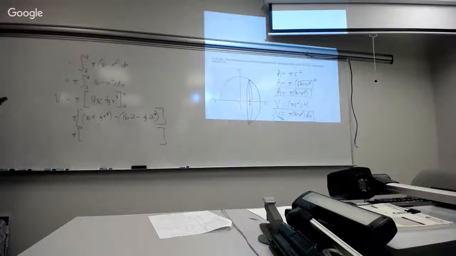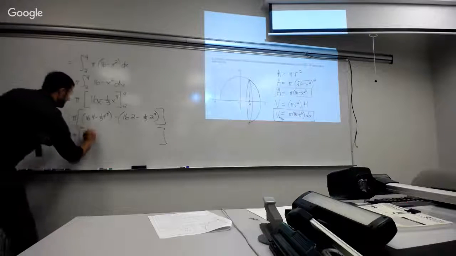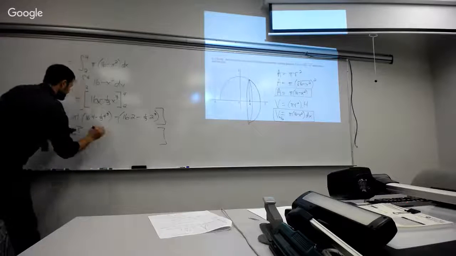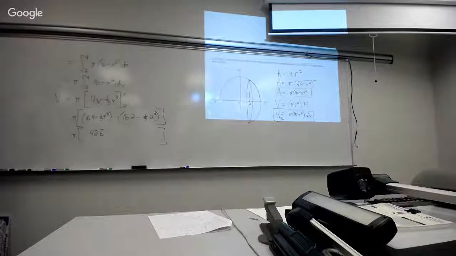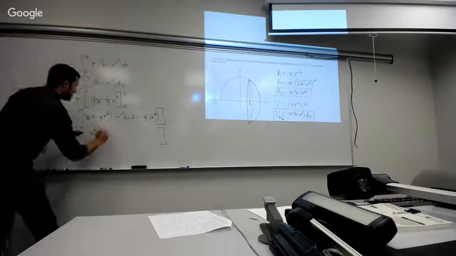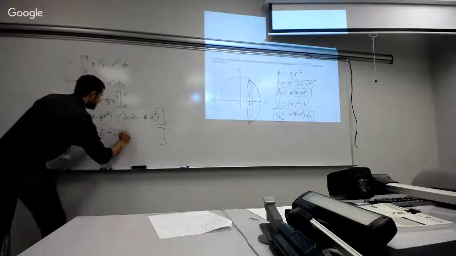16 times 4 minus 1/3 times 4 cubed. So that part was 42.6 repeating. And then 16 times 2 minus 1/3 times 2 cubed. That part was 29.3 repeating.